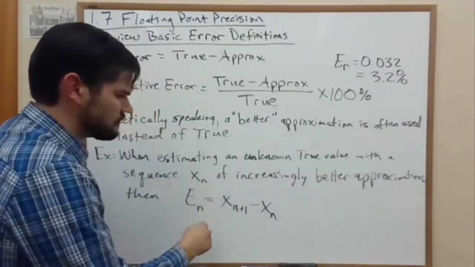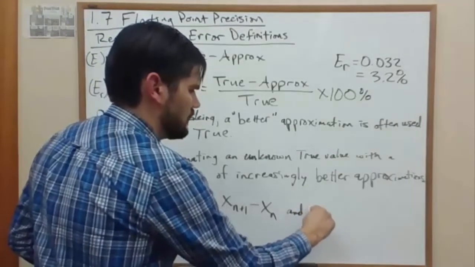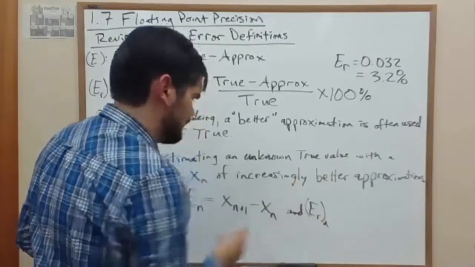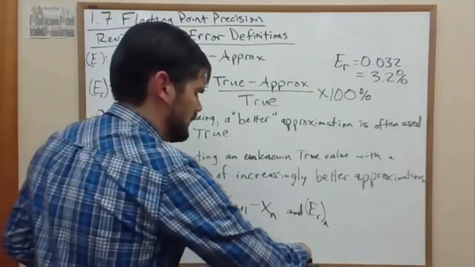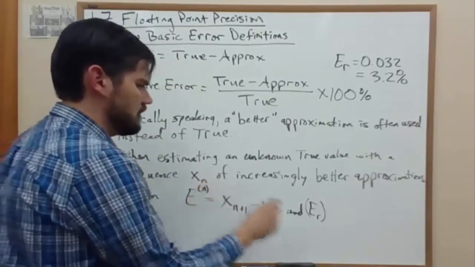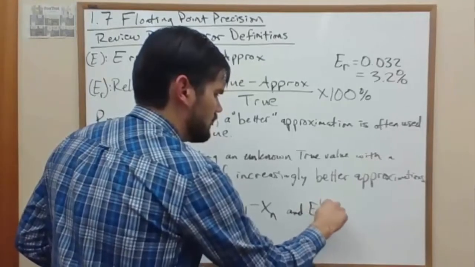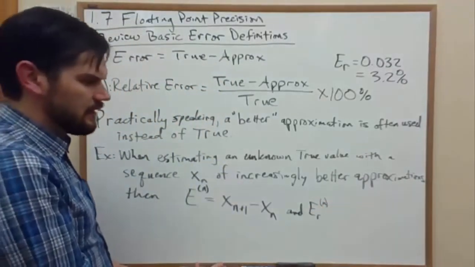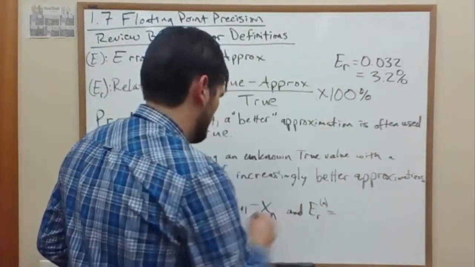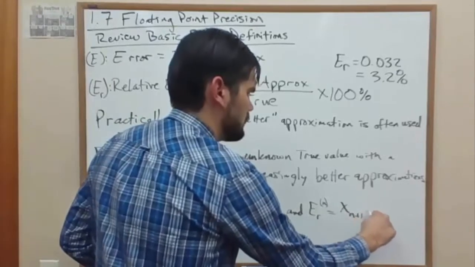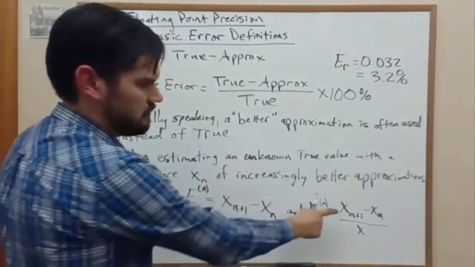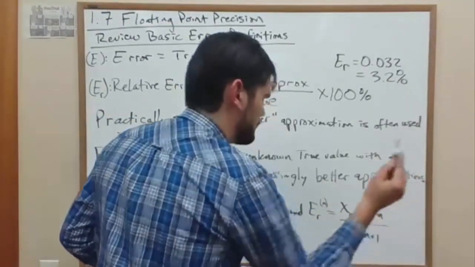And to go along with it, we can estimate the relative error at the nth step. Now maybe let's use, instead of a subscript here, let's use a superscript. The relative error at the nth step can be estimated as x sub n plus 1 minus x sub n, all divided by the true value we're approximating as x sub n plus 1.